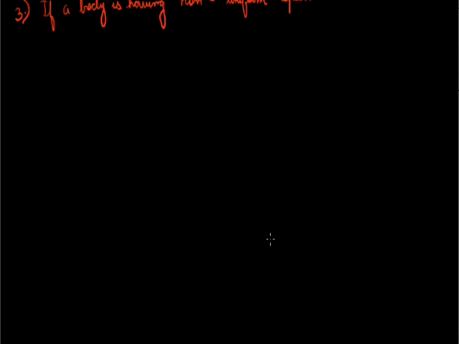If we take the case that a body has non-uniform speed, then again there may be two situations: the speed may be decreasing or it may be increasing. First we will discuss when the speed increases with time.